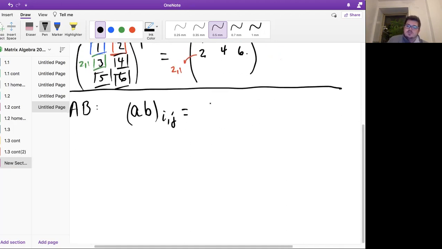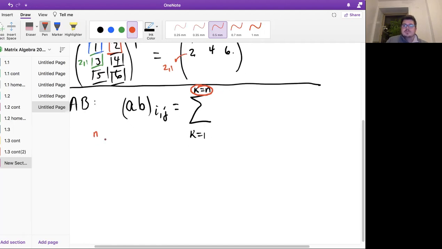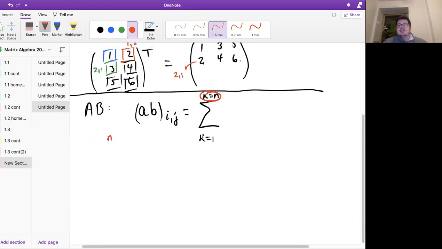Well, it's equal to the sum from k equals 1 to k equals n, where what is n again, in the product A times B?